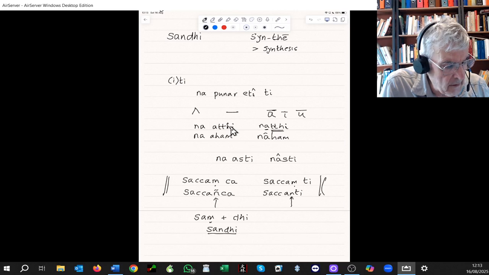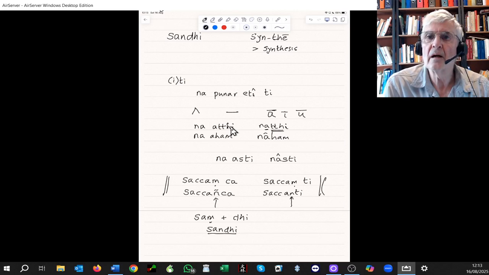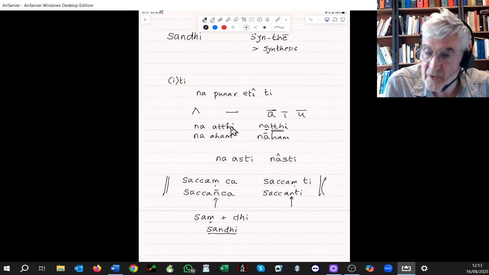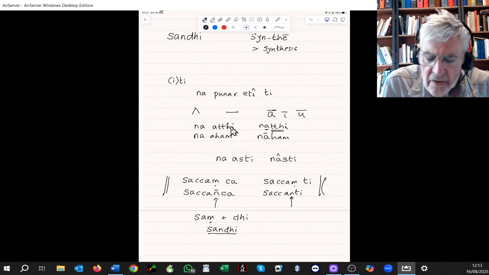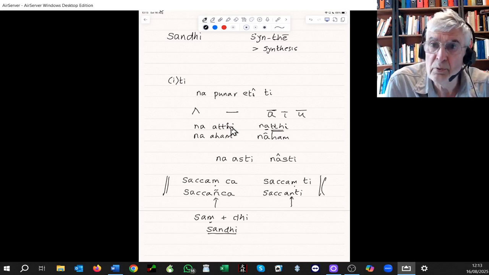Now, note very importantly that where we have, say, purisa, meaning a man, specifically a male person, so purisa, stem form, nominative puriso.